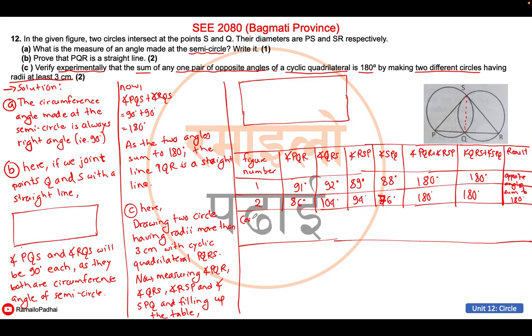And in conclusion we will write, we will copy this, that the sum of any one pair of opposite angles of a cyclic quadrilateral is 180 degrees, hence proved. So this is about the solution of this video.